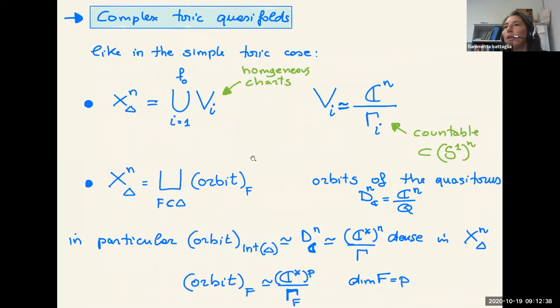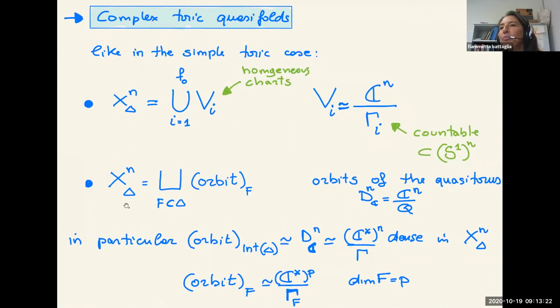If X_Δ is now a complex toric quasifold, it is covered by homogeneous charts, and each of these charts can be identified with C^n, but here we have to mod out by a countable subgroup of (S^1)^n. So one can see very clearly the quasifold structure of the space here.